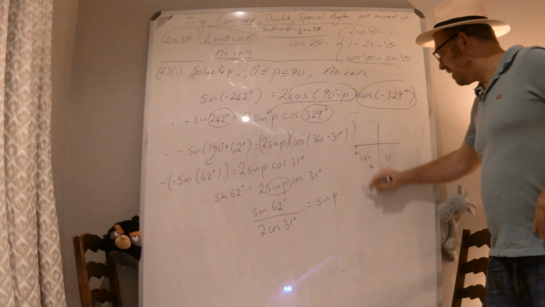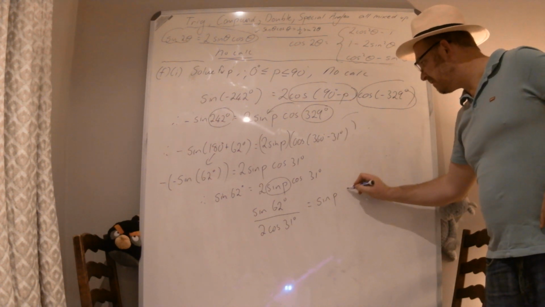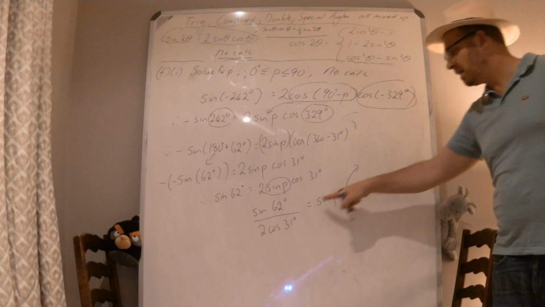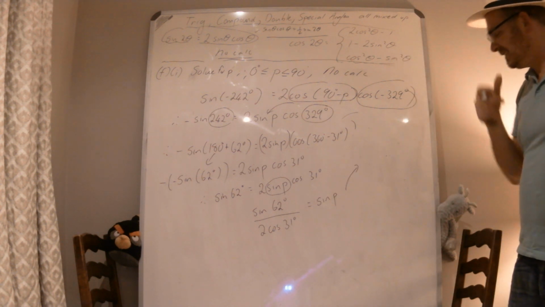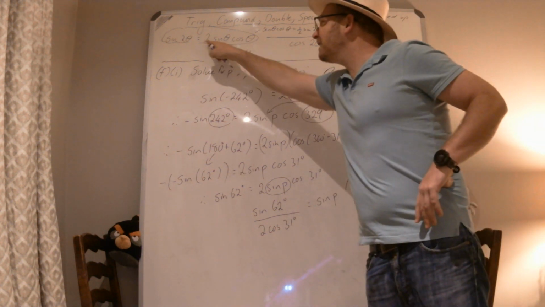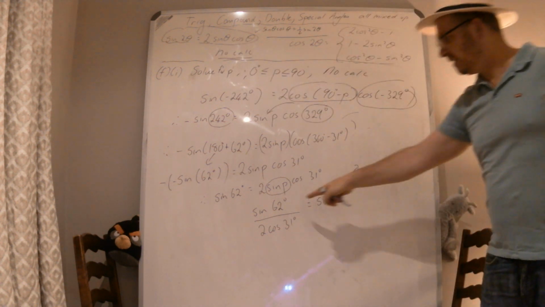Right, so now I'm going to go up here: sine 62, well, that's double that. So sine of 2 times an angle is 2 sine angle cos angle.